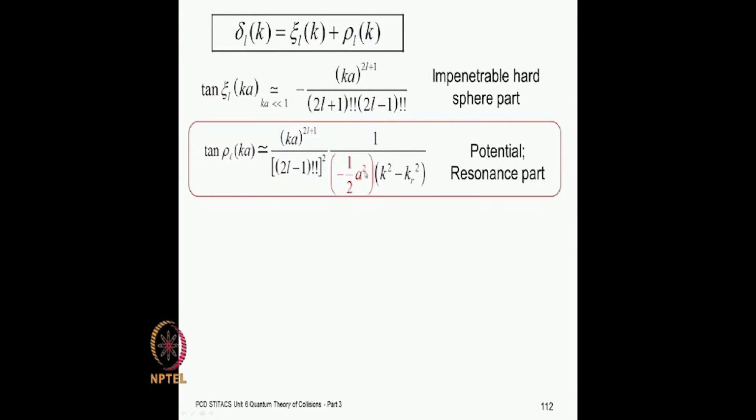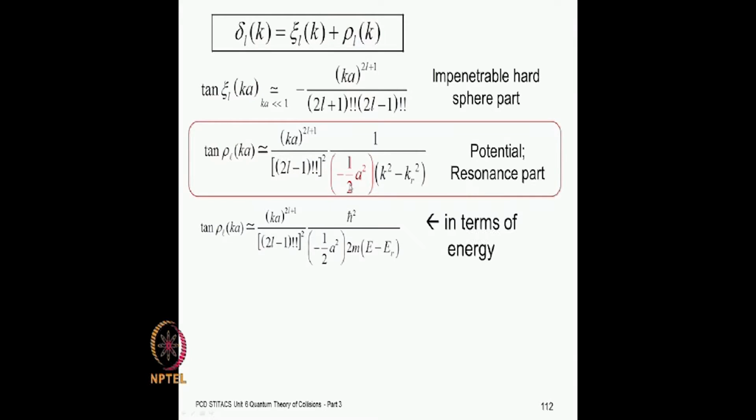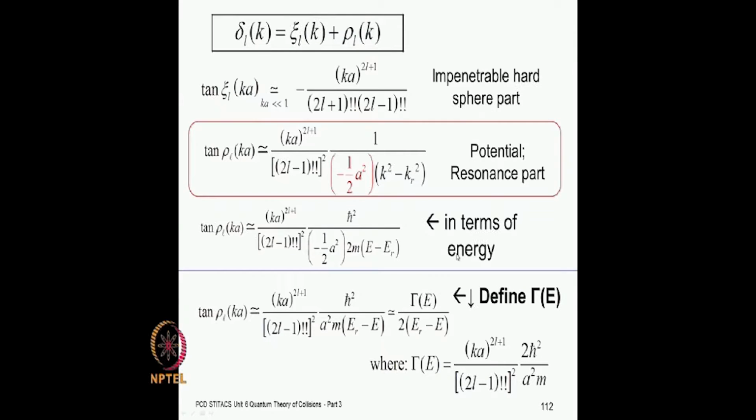So, that value is now placed over here, which is minus half a square, and now we had written in terms of k square, but h cross square k square by 2m being the energy, we can write this also in terms of energy, which is E minus ER over here, but then you have got this h cross square over 2m. So, this same expression has been now written in terms of the energy.